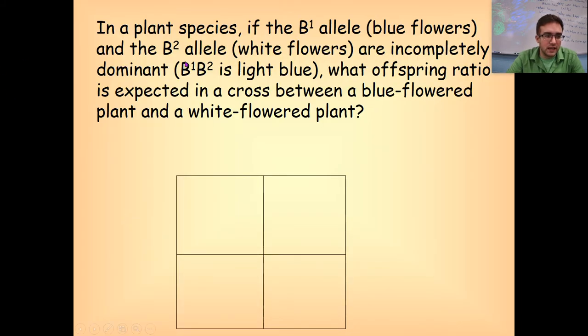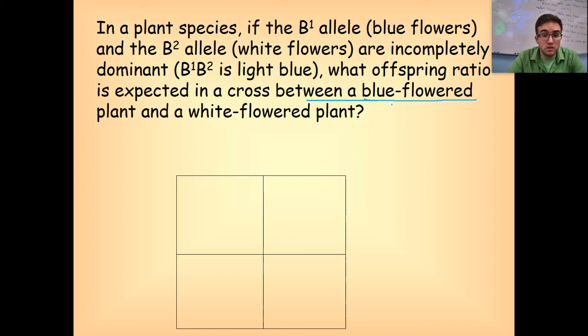So if we were to look at a problem, it says in a plant species, if the B1 allele, for blue flowers, and the B2 allele, for white flowers, are incompletely dominant, B1, B2 is light blue, what offspring ratio is expected in a cross between a blue flowered plant and a white flowered plant? So how you set it up is the same. We're crossing a blue flowered plant.